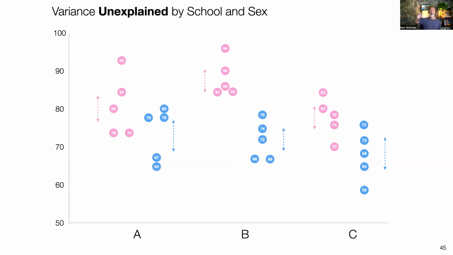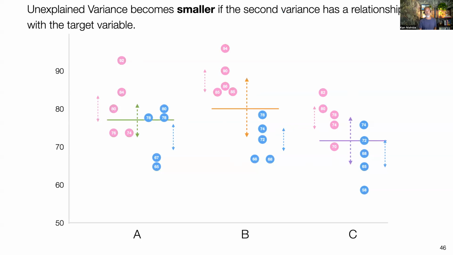That's the variance within, or variance unexplained, but in this case by school and sex. Compared to the original variance unexplained by school, these 6 variances, unexplained by school and sex, became smaller. I'm not sure how much smaller, but it became smaller, right? And that is a very important part of the two-way ANOVA.